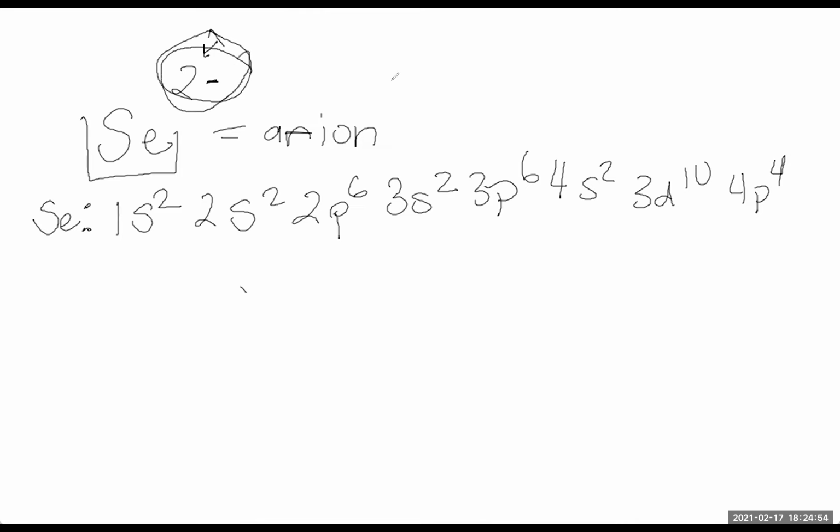We always want to go to the highest level. So in this case, it would be our 4p4. Our p sublevel can hold up to 6 electrons, so we can add them here. So our new electron configuration for this anion would be 4p6. Any questions on this?